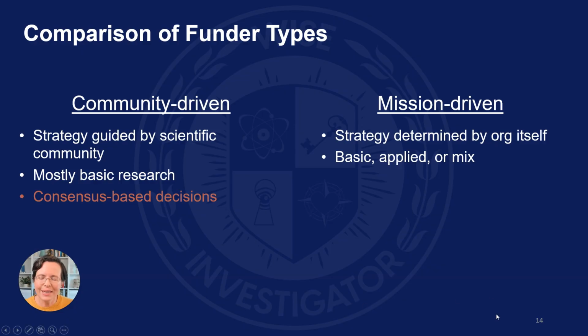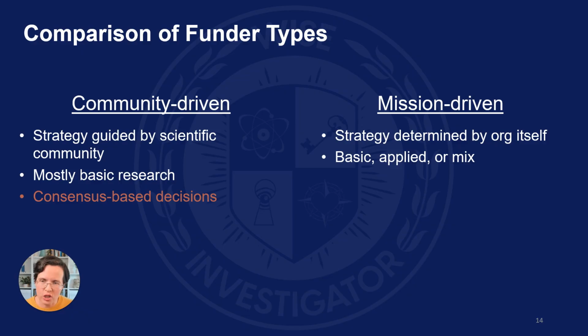Now, the big thing here that I'm going to focus on the most is how decisions are made, because making decisions is a very important part of getting funded, right? It all comes down to a decision in the end, or a series of decisions, right? So we want to understand the decision-making process. And that's why I have this here in the red color, because I'm going to have a slide on the next slide where I break this down in more detail. So we'll get into it there.